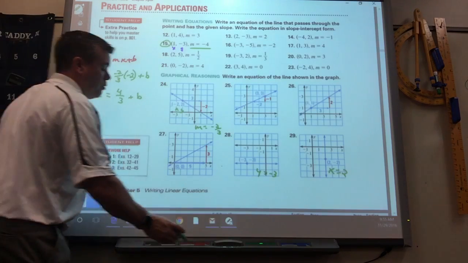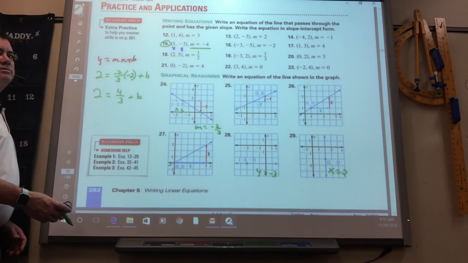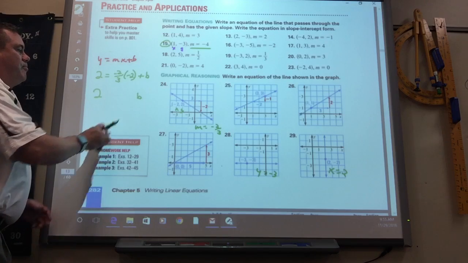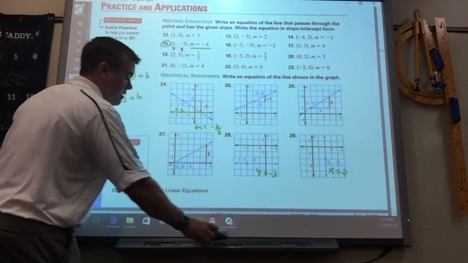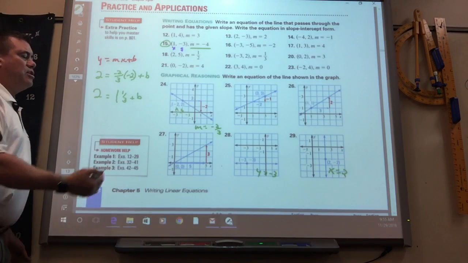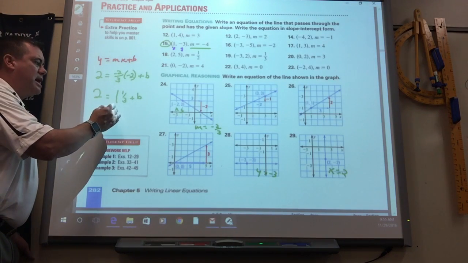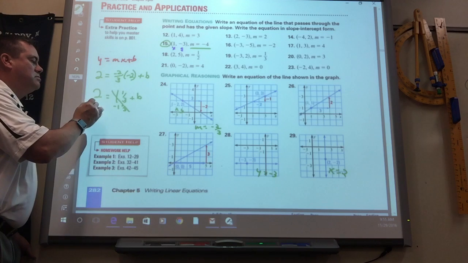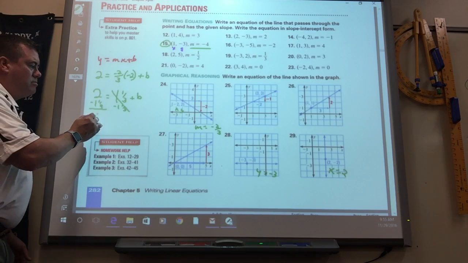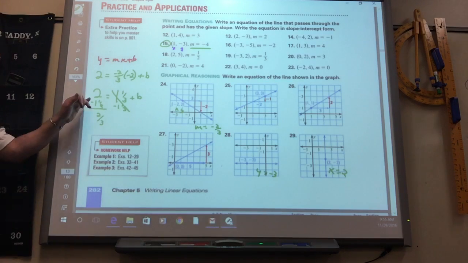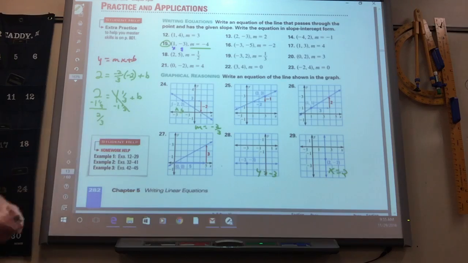Even easier, what is 4/3 as a number? 1 1/3, right? So in order to solve it, I got to subtract 1 1/3. It'd be 2/3, yep. Because if you're at 2 and you subtract 1, that puts you at 1, and then you got to subtract another third, puts you at 2/3.